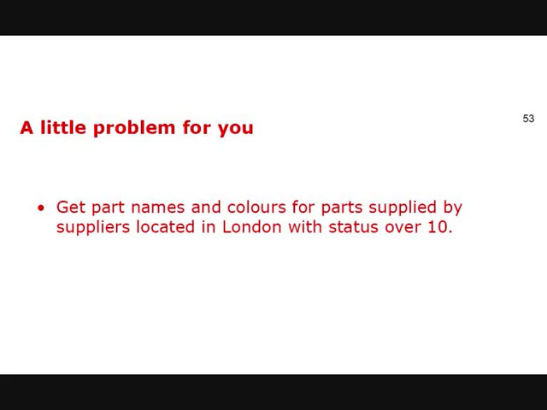So what we need to do now is take temp 3, which is going to be temp 2, which are already the supplier numbers for the suppliers that have a status over 10 and are in London, and we join them with the shipment table. And in doing that, we now have all of the information on the parts they supply. We have the part number plus the quantity for each of them.